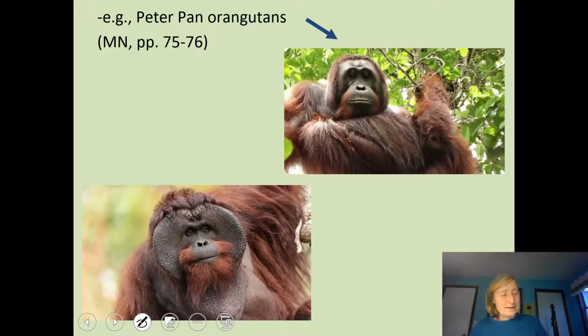So back in the 1800s, a guy named Wallace saw these orangutans. They live in Southeast Asia. He's actually a cousin of Charles Darwin. He co-founded evolutionary theory by natural selection. Probably don't hear about him very much.